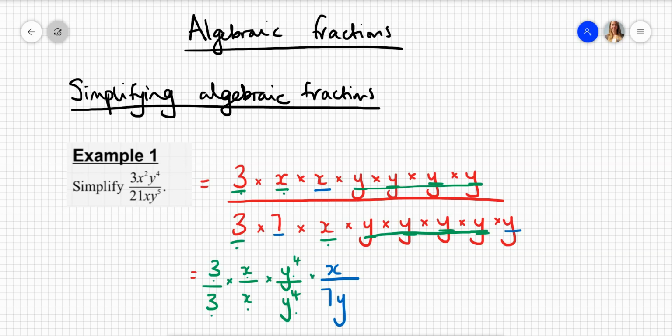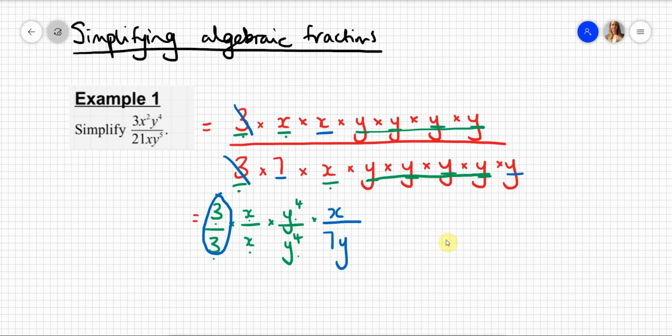So it's absolutely fine to split those fractions up, but then the reason that we can start doing crossing out like this is this 3 over 3 is really 1. And this x over x is really 1. And this y to the 4 over y to the 4 is really 1.